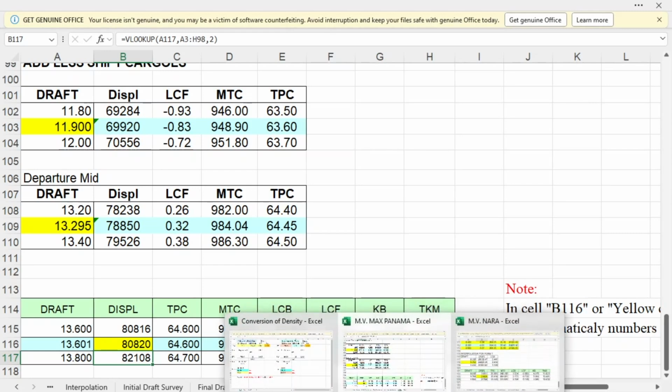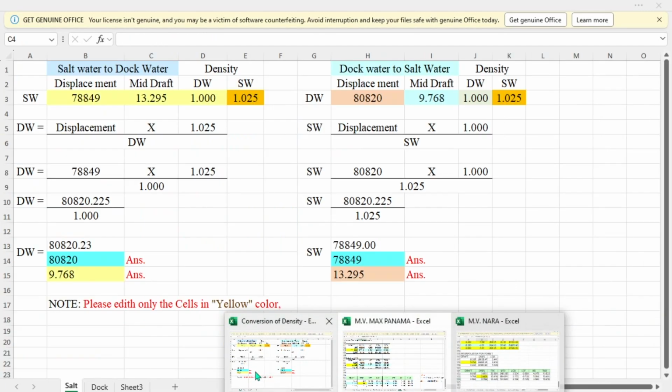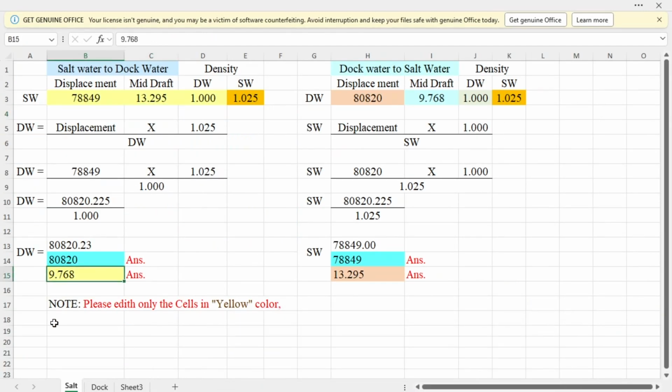13.601. Okay. So with this dock water displacement of 80820.23 or 80820, the corresponding draft will be 13.601.